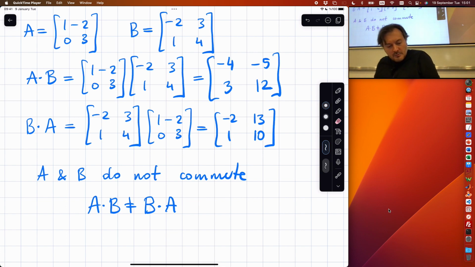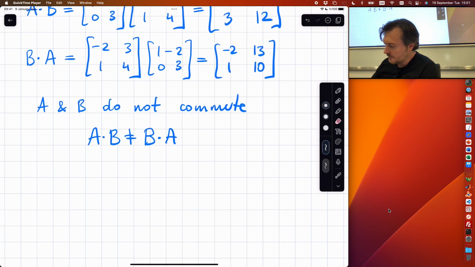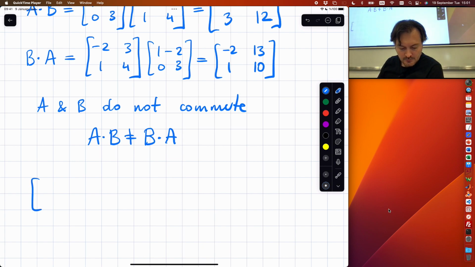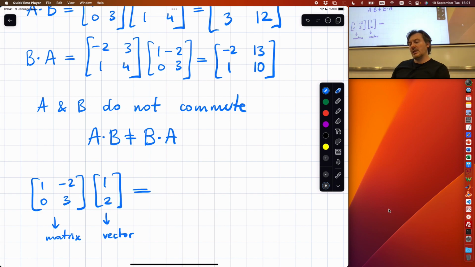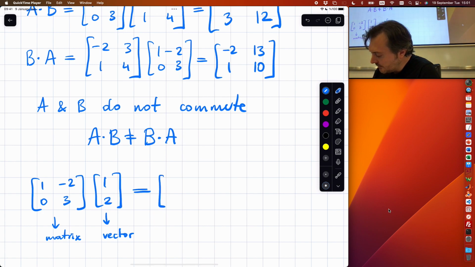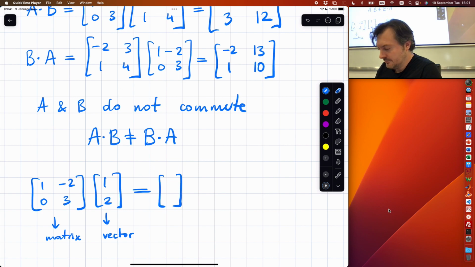Very, very good. What happens if you multiply a matrix with a vector? Let's do that. So let's say you take a matrix 1, minus 2, 0, 3, and you multiply it with a vector. So this is a matrix. This is a vector. So you can still multiply rows by columns. So what do you get at the top? Minus 3 at the bottom? 6.